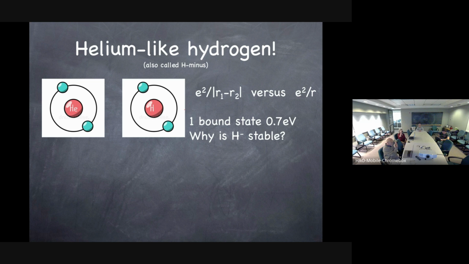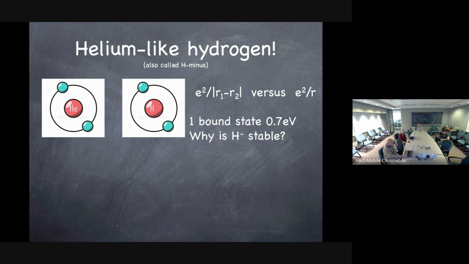And it's the battle between the electron interaction term, which is just the potential given by e squared over |r1 minus r2|, versus the central field. And it's the opposite spins which allow it to bind this thing together. And it has one bound state.